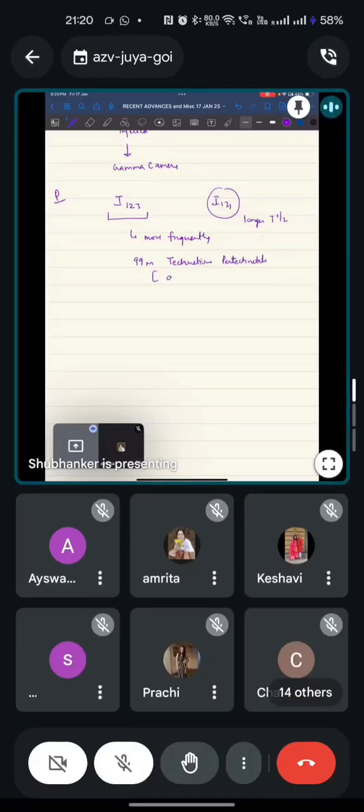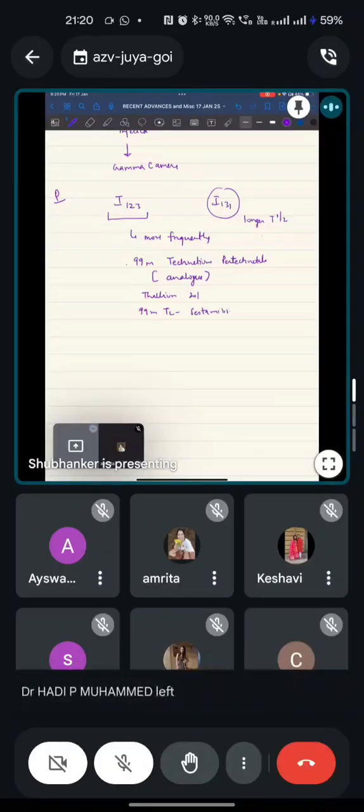This is again an analog of iodine itself, so this is also used. Apart from that, thallium 201, these are less commonly used. Or 99m technetium sestamibi scan, which is more commonly used for parathyroid pathology.